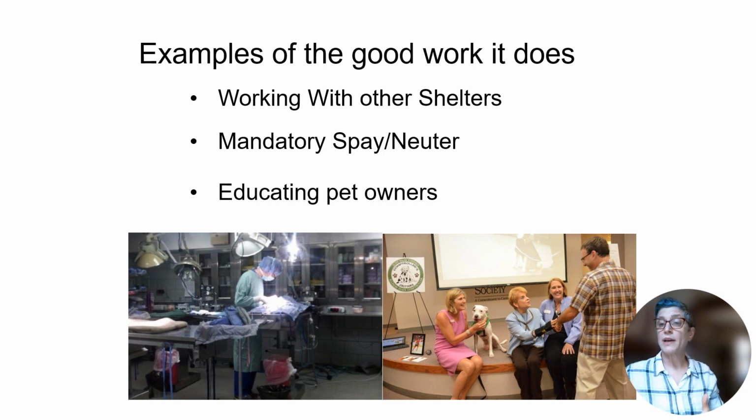PAWS works with anti-cruelty. They work with shelters on the north side, west side, south side, all over the Chicagoland area. They also do mandatory spay and neuter. So now I get to tell you more about that. All the animals that come in to the shelter are required to be spayed or neutered. Finally, they do a really good job of educating pet owners, and this is important.